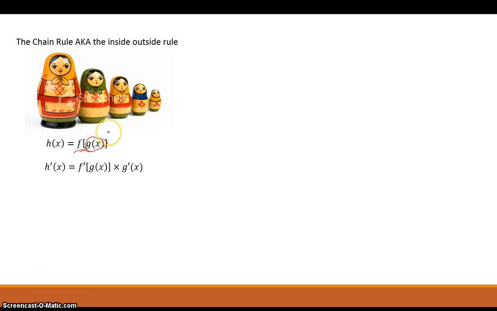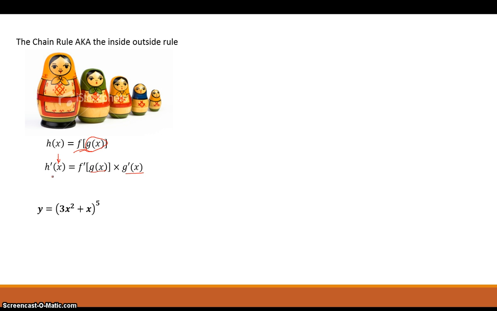And the way you did this was to get the derivative of h, you take the derivative of the outside function f, leave the inside alone, and then take the derivative of the inside function. And the product of those two got you the derivative of h, or the derivative of the main function.